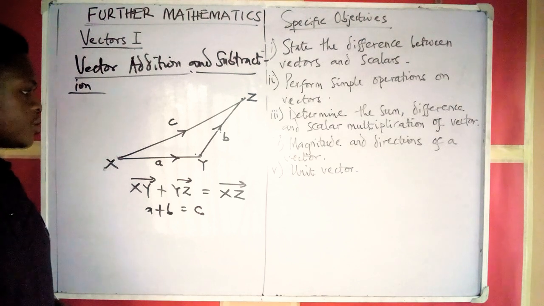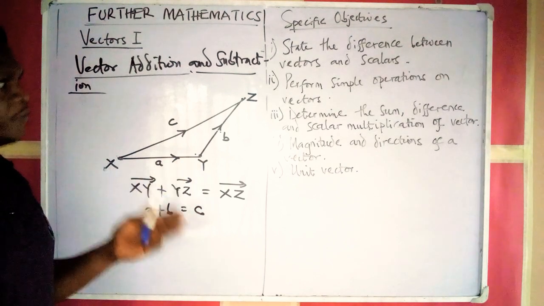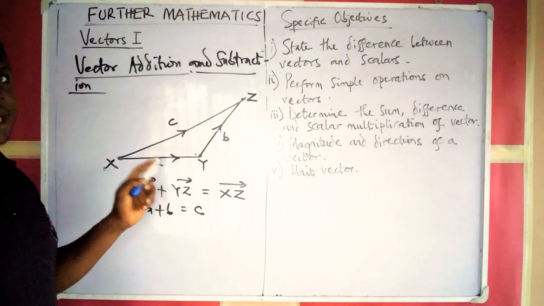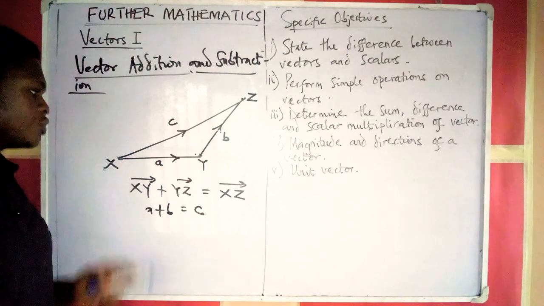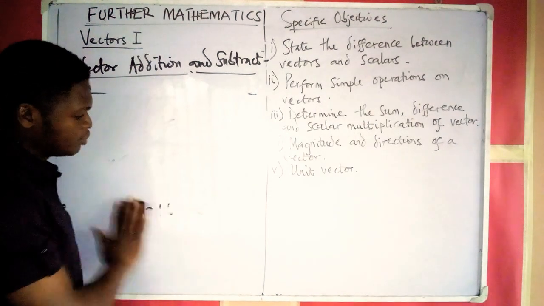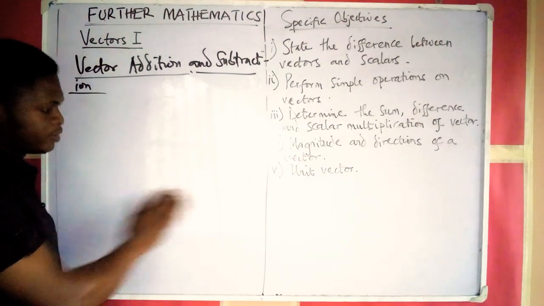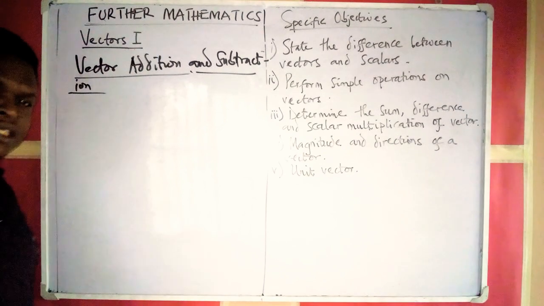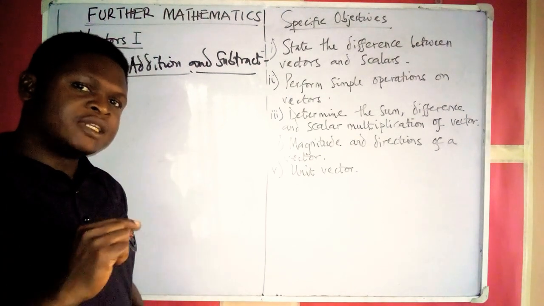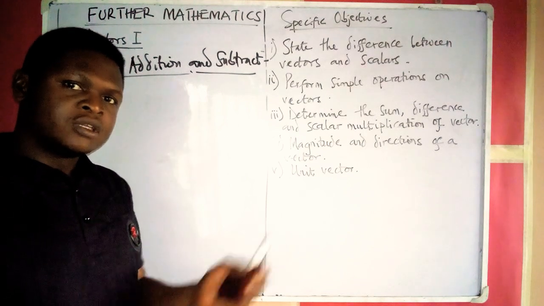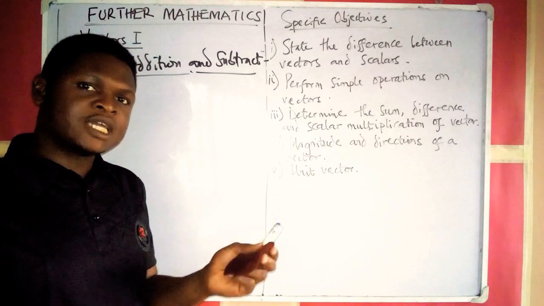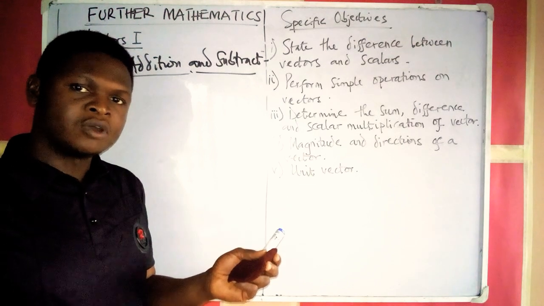Now, talking about difference or subtraction of vectors. Okay, before I go into that, let's talk about the parallelogram law before I go into the difference. Now, the parallelogram law of vectors is that the resultant of two vectors is represented by the diagonal of that parallelogram, such that the adjacent sides of that particular parallelogram represent the vectors.